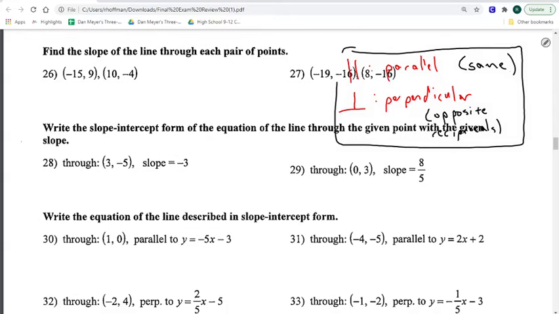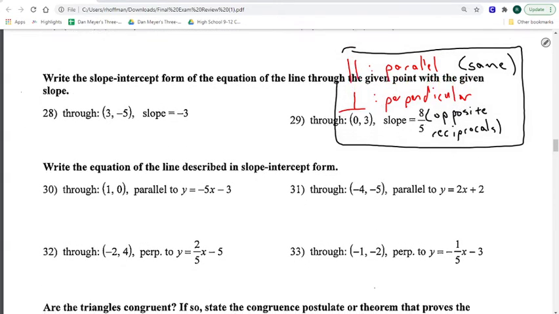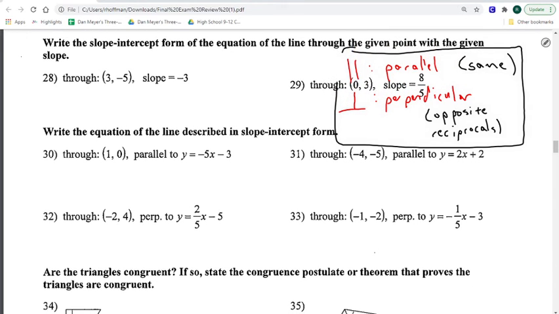So we'll do number 30 next. Remember, opposite, change your sign, reciprocal, flip your fraction. That's what we're going to have. But we'll start with the parallel lines. We called it a new slope.